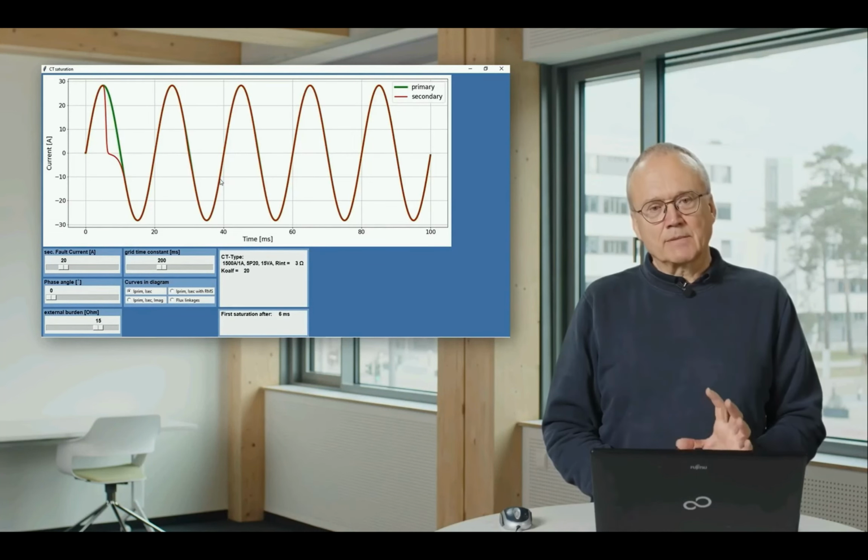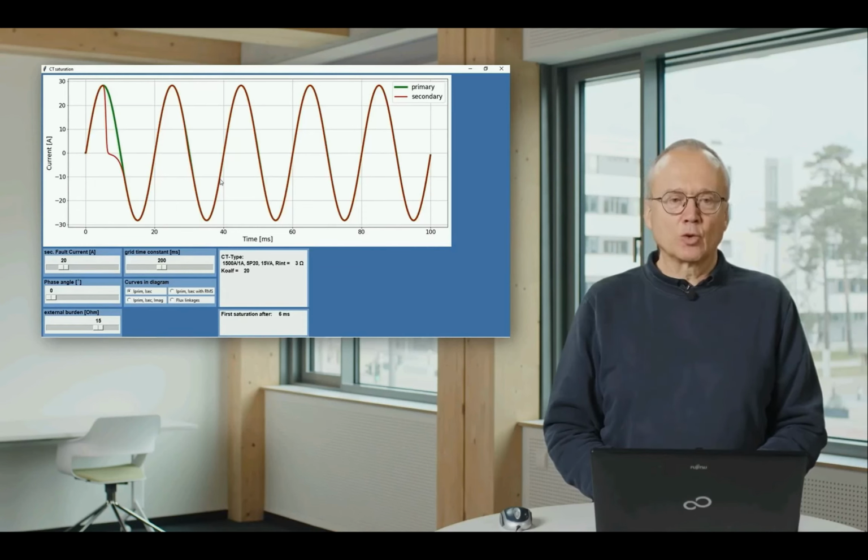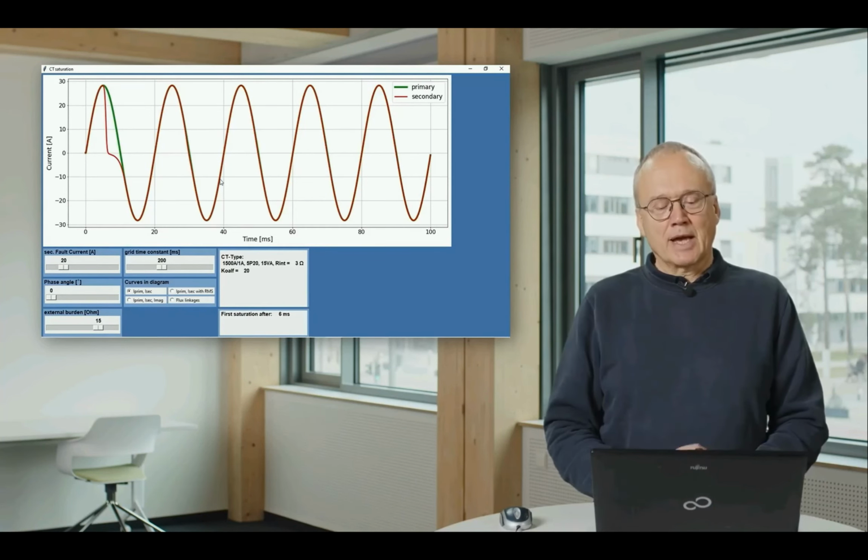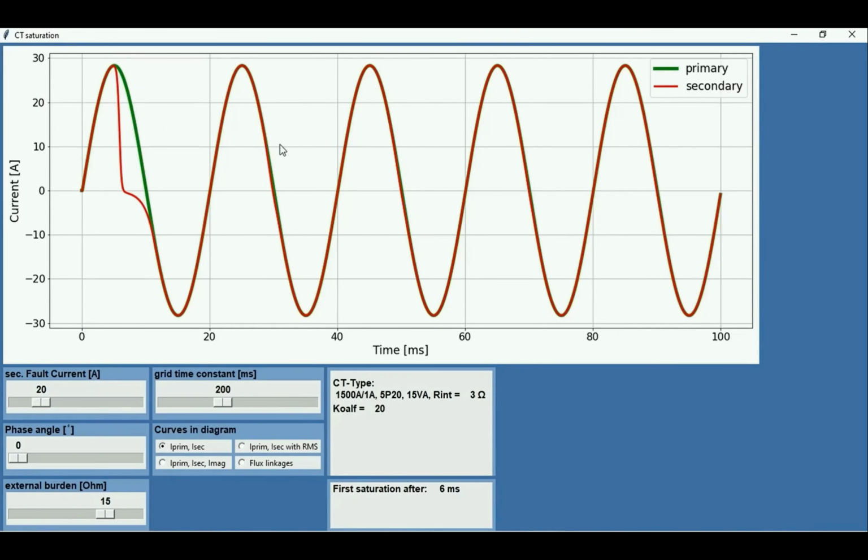This simulation simulates the circuit we just saw, including the magnetizing reactance with this nonlinear characteristic. And what we see here in this diagram is in green the primary or the converted primary current, that means the ideal current we would like to measure. And in red we see the secondary current the connected protection relay gets.